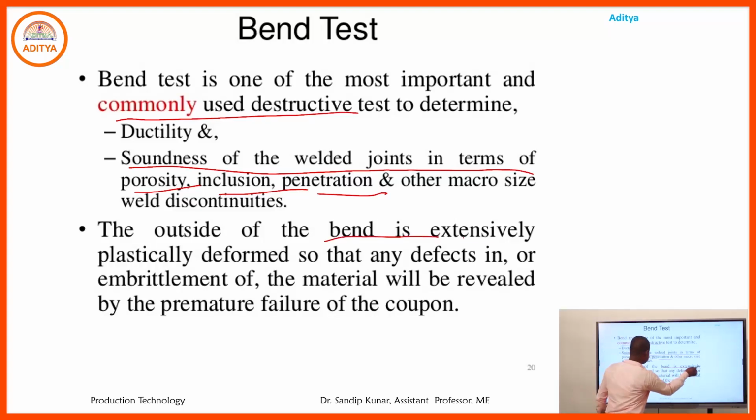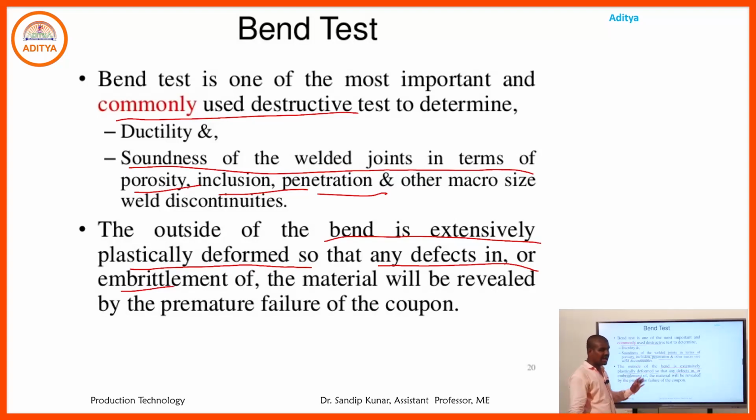The outside bend is extensively plastically deformed, so any defects or embrittlement of the material will be revealed by premature failure of the coupon. We have collected data before failure, so we can tell up to what point the weld joint can sustain and is very good.